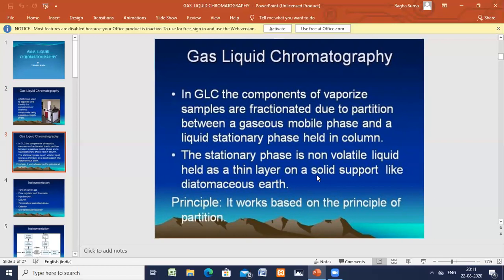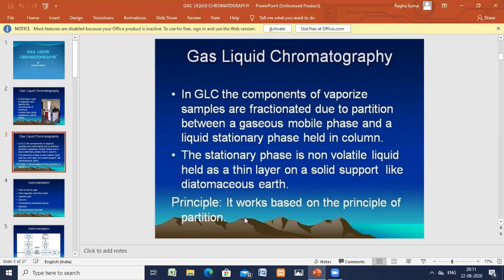stationary liquid phase. Here the main principle is that separation of the components in the gaseous sample mixture is achieved by differences in distribution, that is, partition, of the components between the mobile phase, which is the gas, and the stationary phase, which is the liquid.